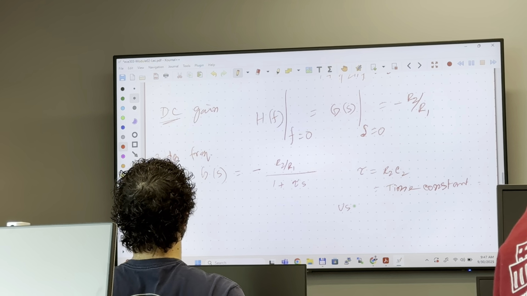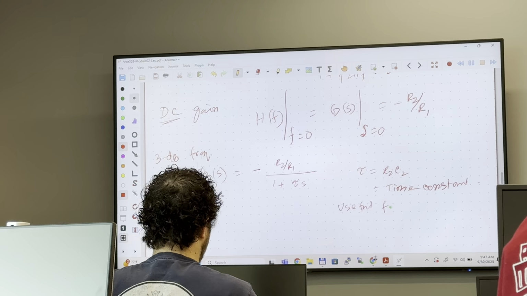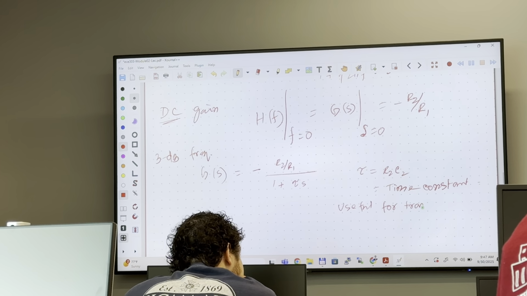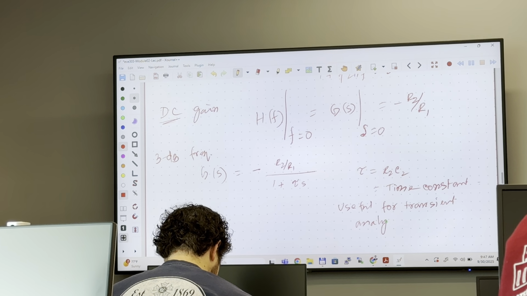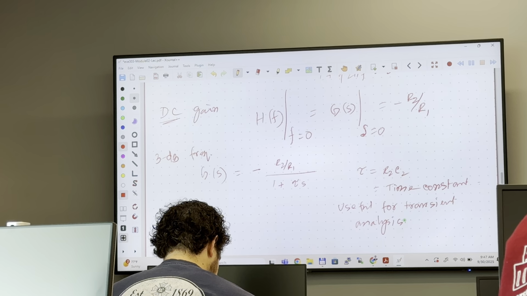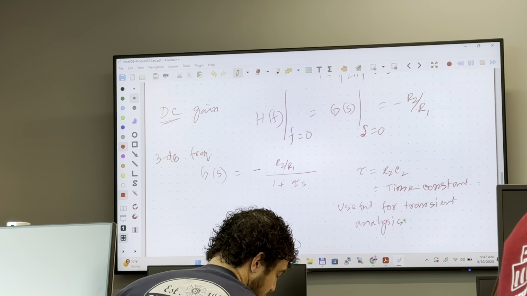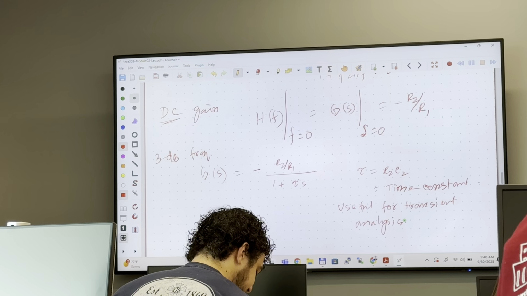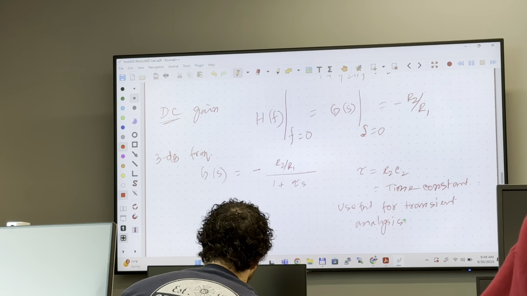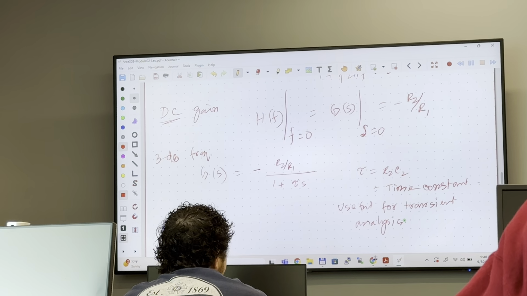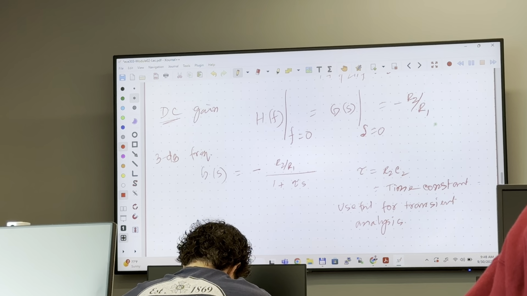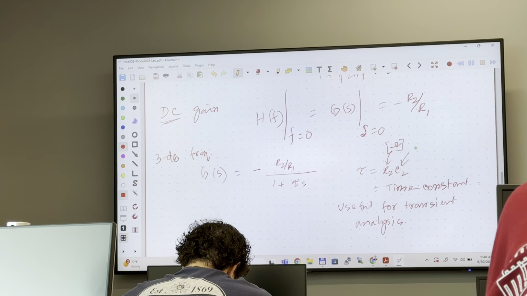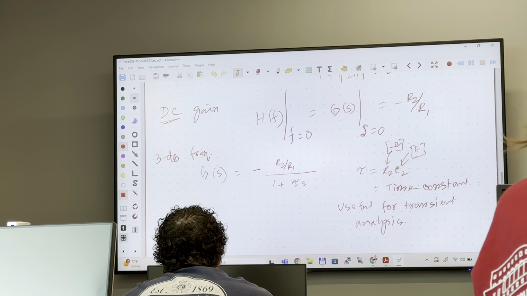Transient analysis, what does that mean? By looking at the time constant, R2 times C2: R2 is in ohms, and please pay attention to the unit, C2 is in farads.